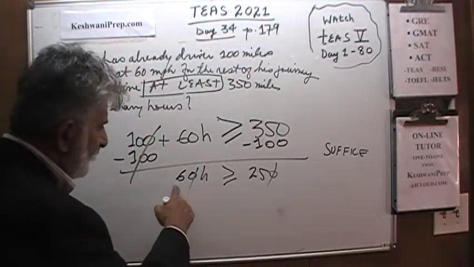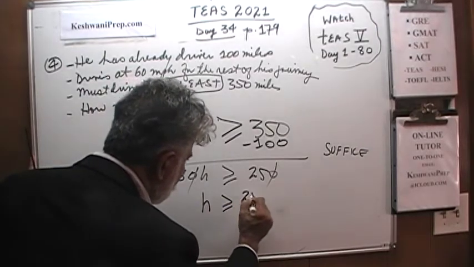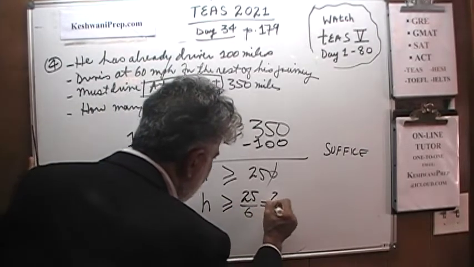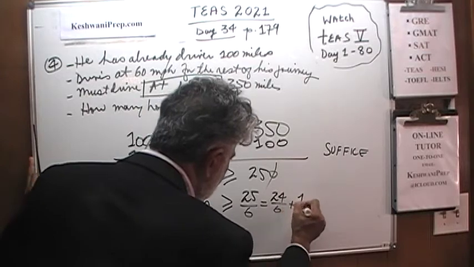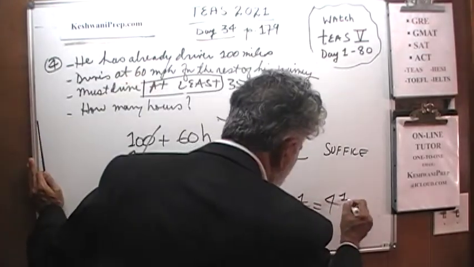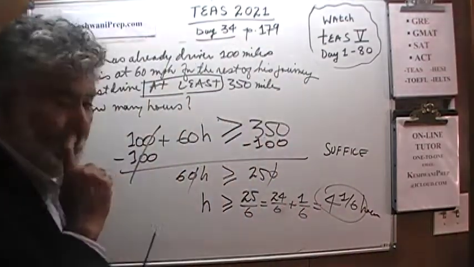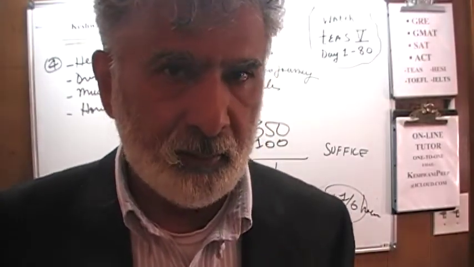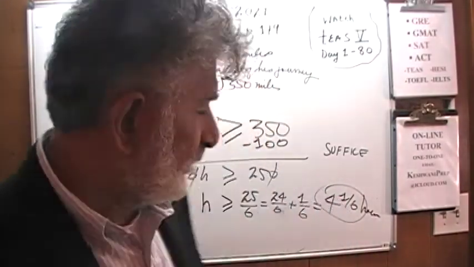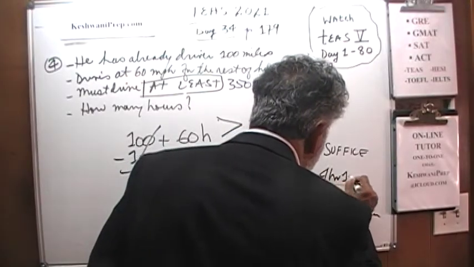And now 6h equals 25, which means h has to be greater than or equal to 25 over 6, which is the same as 24 over 6 plus 1 over 6. 24 over 6 is just 4, so it's 4 and 1/6 hour. What is a sixth of an hour? An hour has 60 minutes, therefore a sixth of an hour is 10 minutes, so 4 hours and 10 minutes.